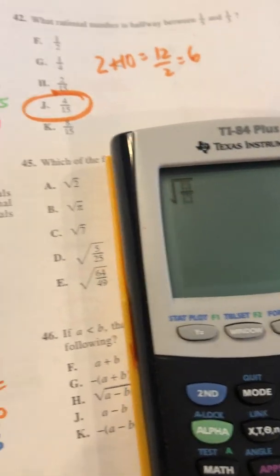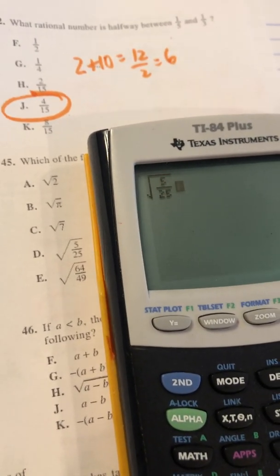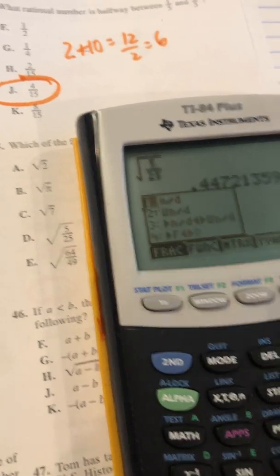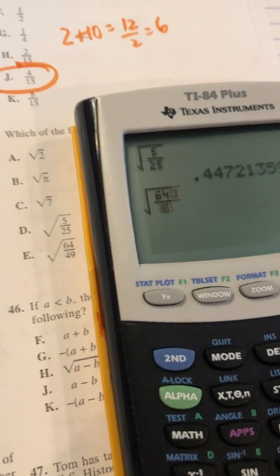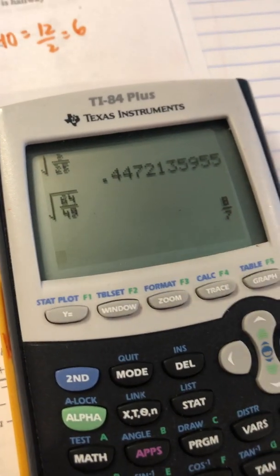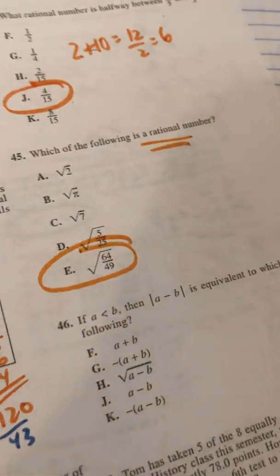There we go. And we have 5/25. That does not work, but if I do the square root, alpha y equals enter, of 64/49, ta-da, it actually becomes a fraction. So that's why it is rational. A rational number means that it can convert back to a fraction.